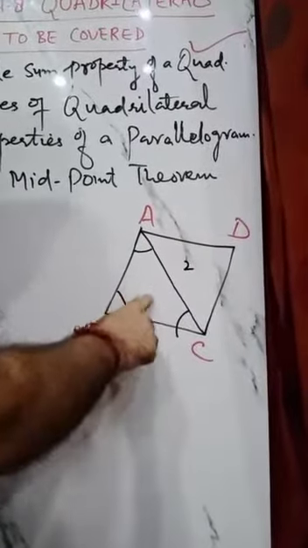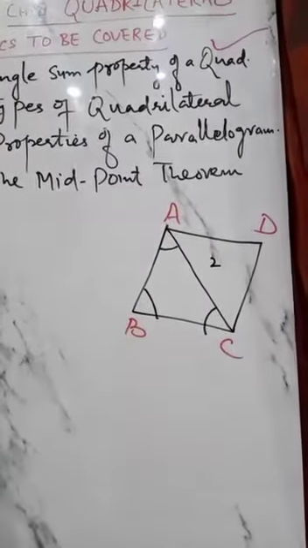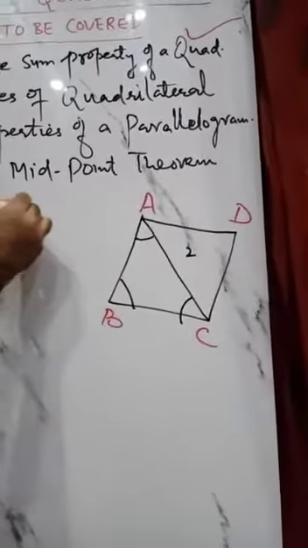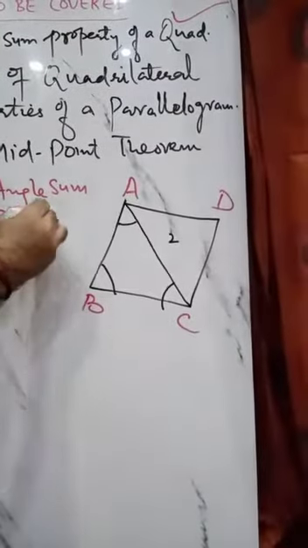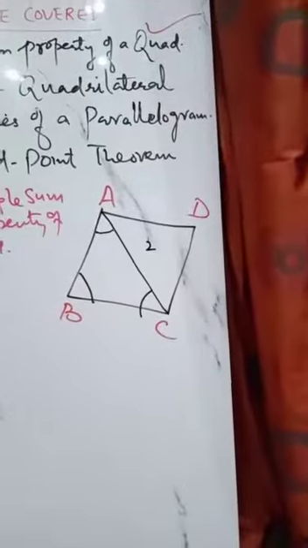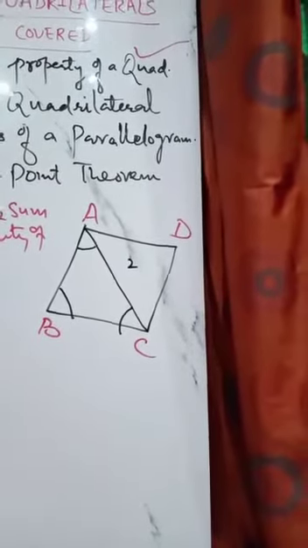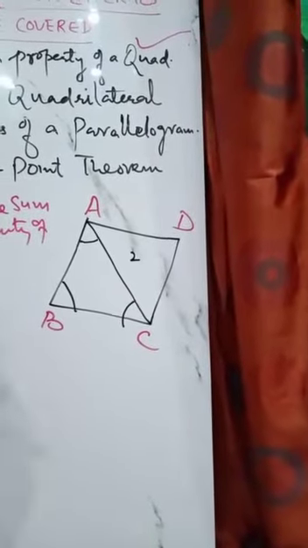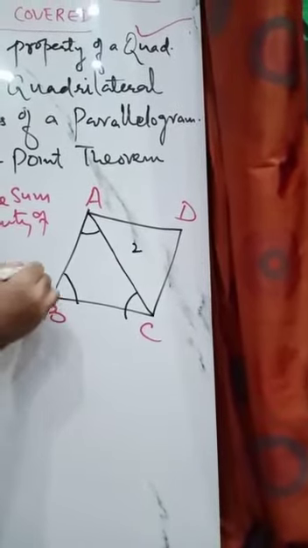So let us prove it. First we write the theorem: prove the angle sum property of a quadrilateral. Given is what is given to you, and what you have to prove, and then we will start the proof. Given is a quadrilateral ABCD.